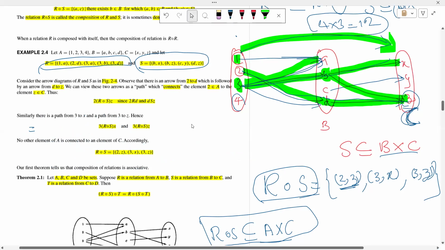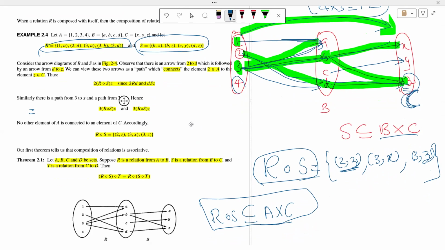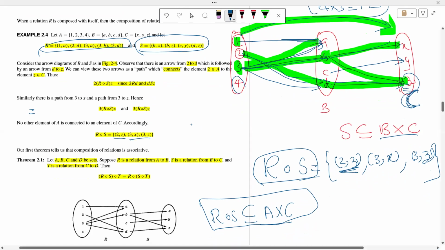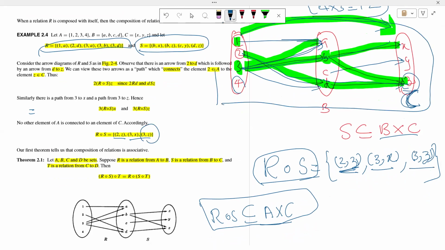So if you look here, R of S, they are already mentioning 2 and Z, 3 and X, and 3 and Z. So this is the way we can find the elements of a composition. You need to check whether there is a direction from A to C by using the arrow marks, right? You need to check that one. Okay.